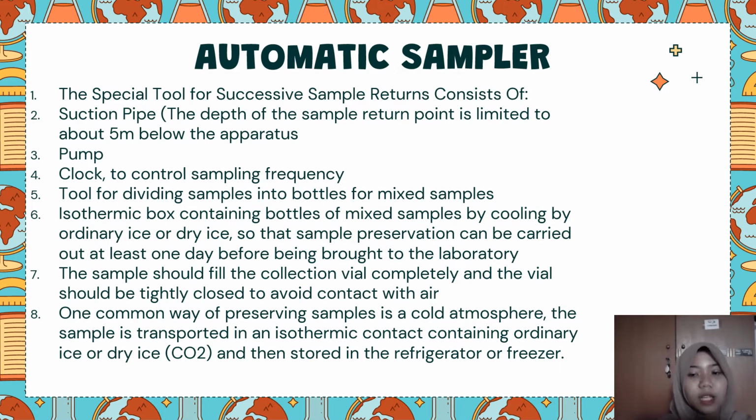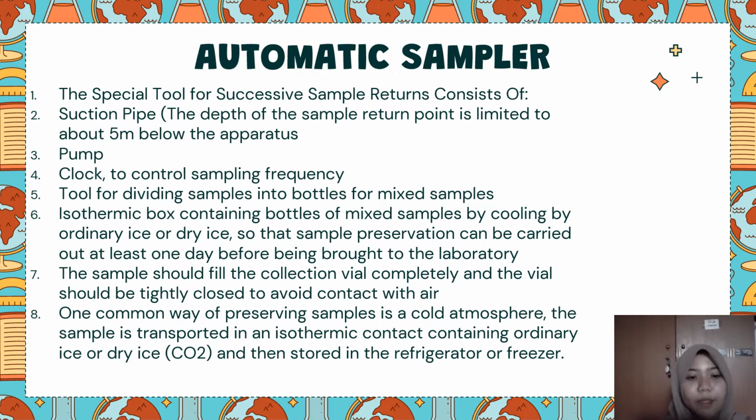The third, clock to control sampling frequency, and then a tool for dividing samples into bottles for mixed samples, and then an isothermic box containing bottles of mixed samples cooled by ordinary ice or dry ice, so that sample preservation can be carried out at least 1 day before being brought to the laboratory.